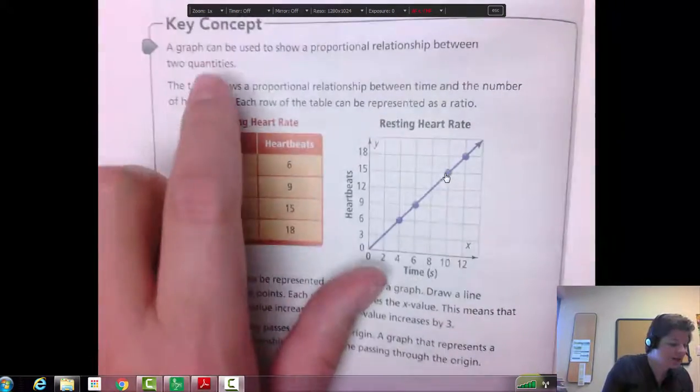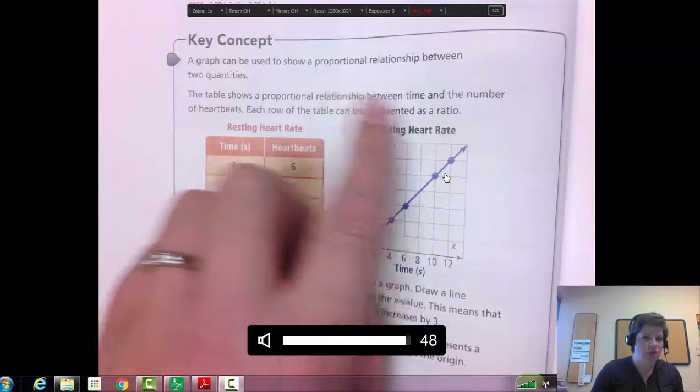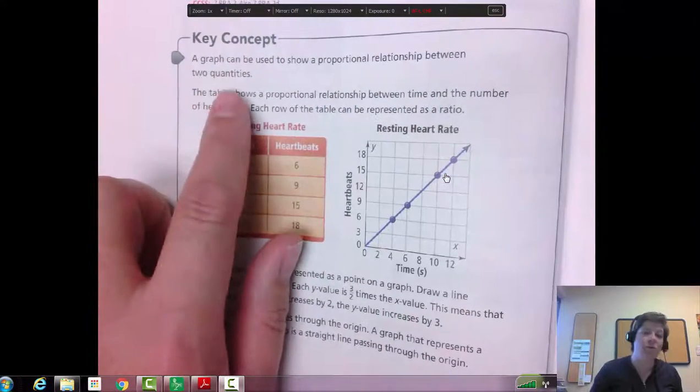All right, so this proportional relationship kind of relates a little bit to our last chapter of looking at a ratio or a fraction of something and how two things are related. So let's start with the definition, or I guess this is the way they kind of explain the definition here. A graph can be used to show a proportional relationship between two quantities.